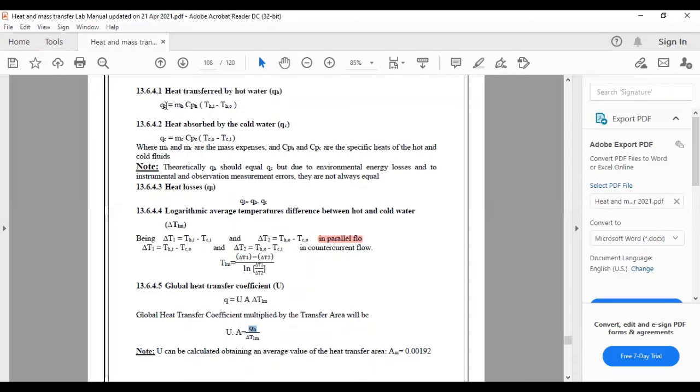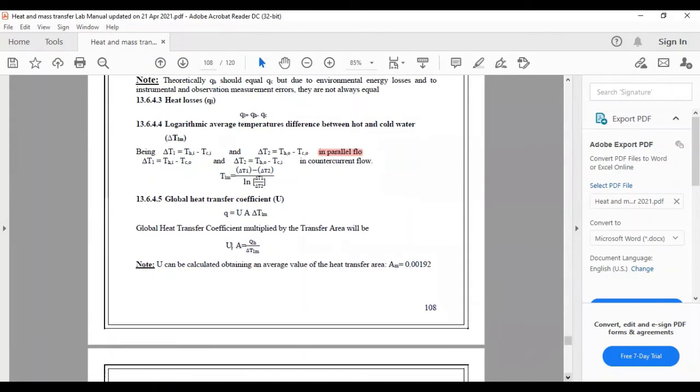We have computed QH here, and we have calculated this delta TLM. The heat transfer area is given here, that is 0.00192 meter square. So we will use this value and we will get the value of U, the global heat transfer coefficient.